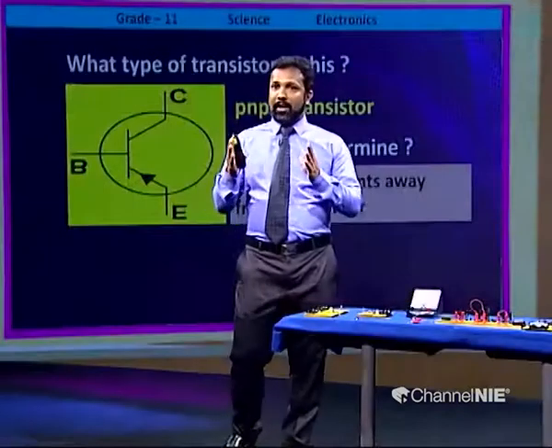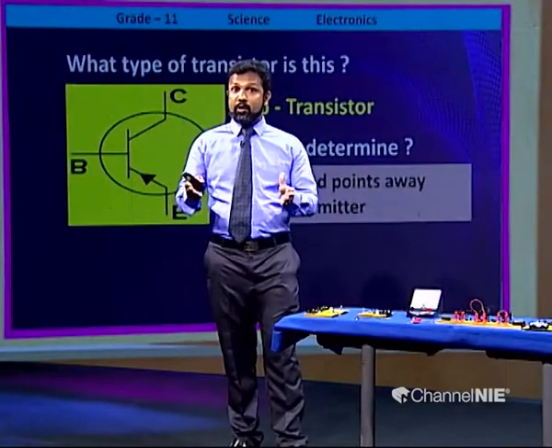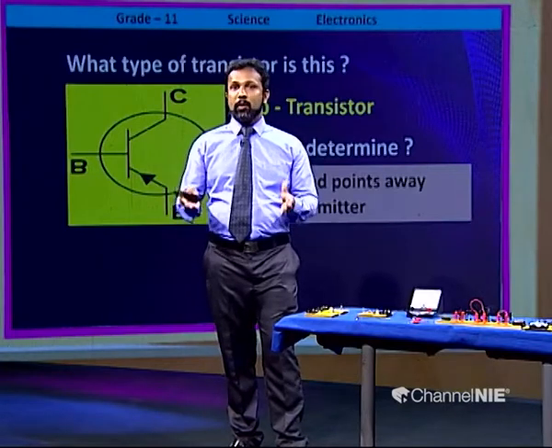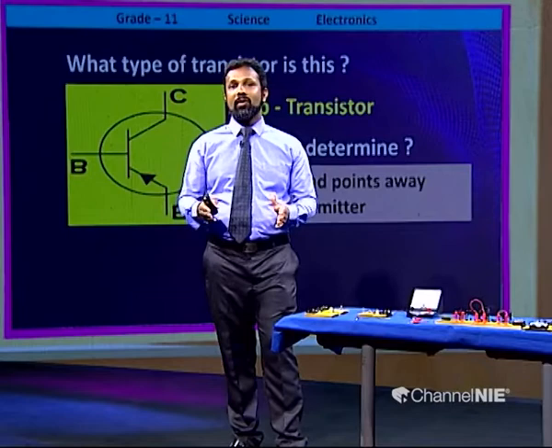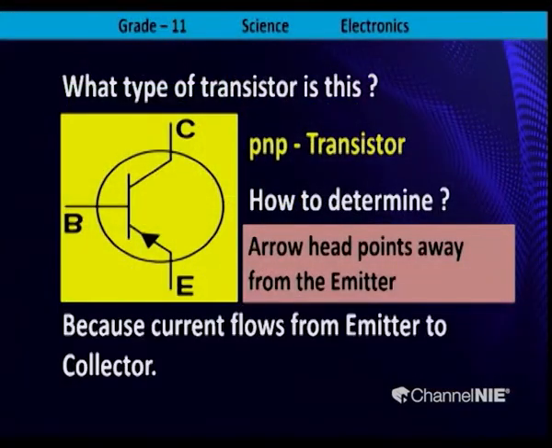So by using the direction of the arrowhead, we can find out whether it is a Pnp transistor or an Npn transistor. And also we can realize that in Pnp transistors, current flows from emitter to collector.